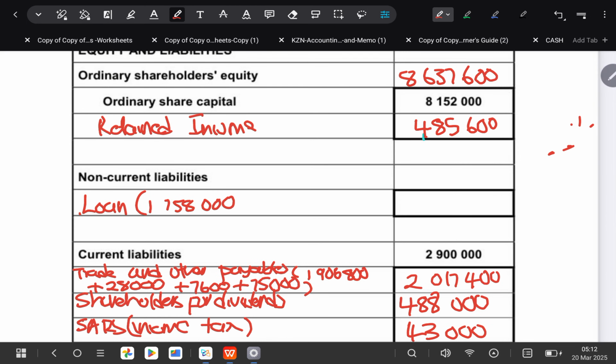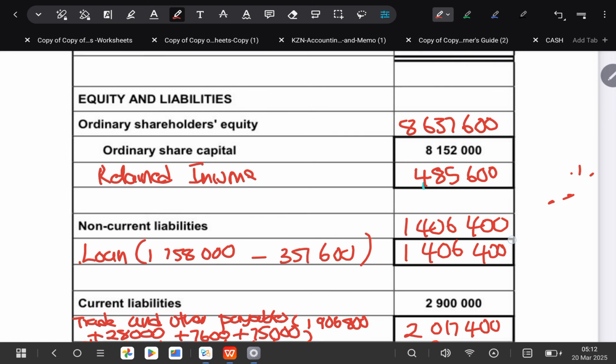So our current portion of the loan is 351,600. Okay, so let's see. If we say 1,758,000 minus 351,600, it is going to give us 1,406,400.